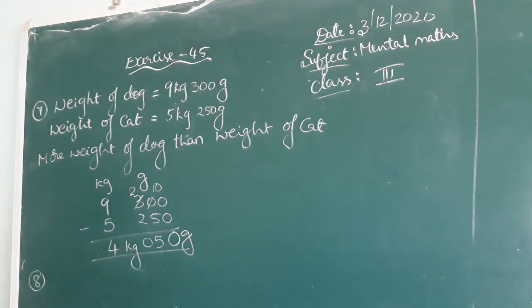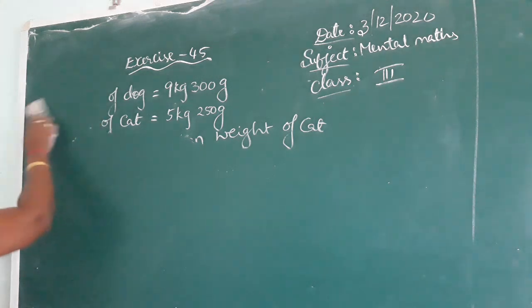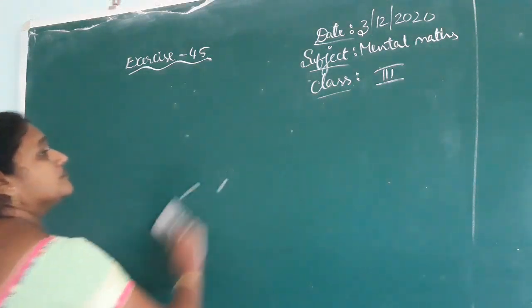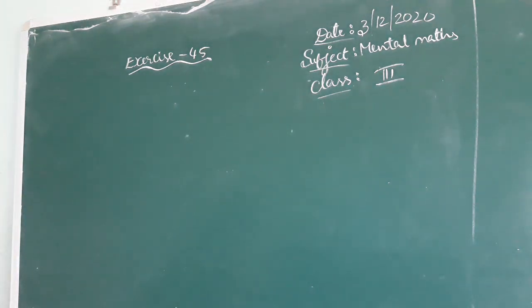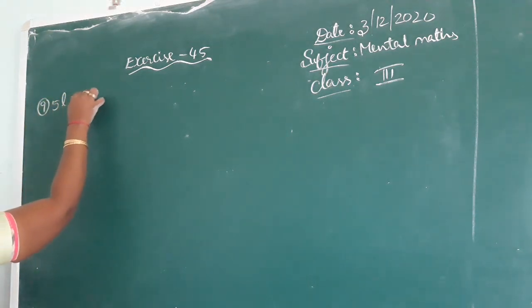Okay. See the next one now. They have given how many ml are there in 5 liter 345 milliliters, and they have given one measure also. 1 liter equal to 1000 milliliters.